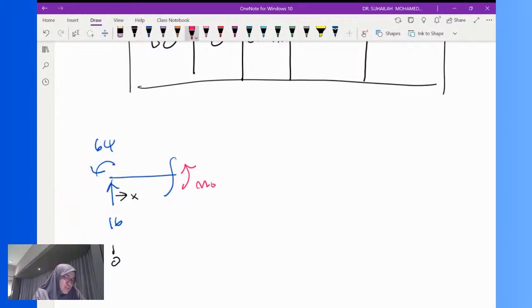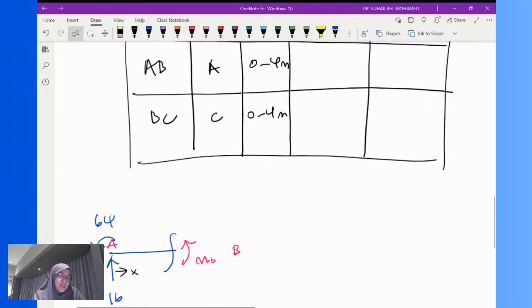This position is A. Where is B? B is somewhere here. Means that at A, X is 0. At B, X is 4. So this length is 4 meter. That is why we put here 0 to 4.